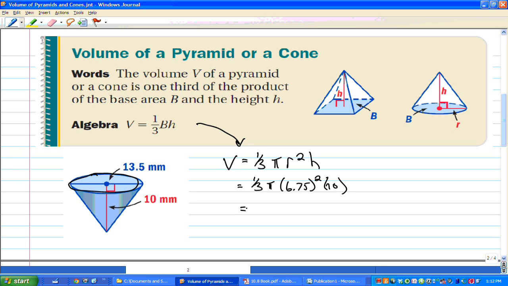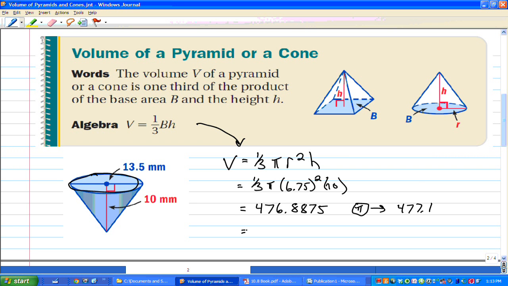Get that answer, then divide the whole thing by 3. That's the same thing as multiplying by 1/3. And you would get 476.8875. Now, if you use the pi button, you would have gotten about 477.1.